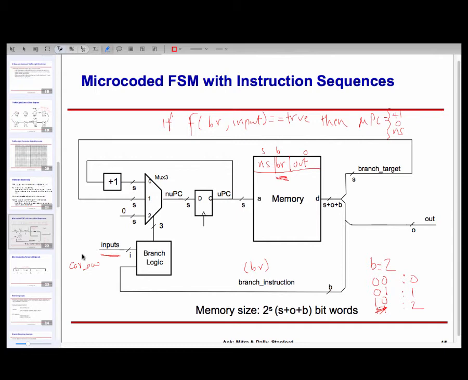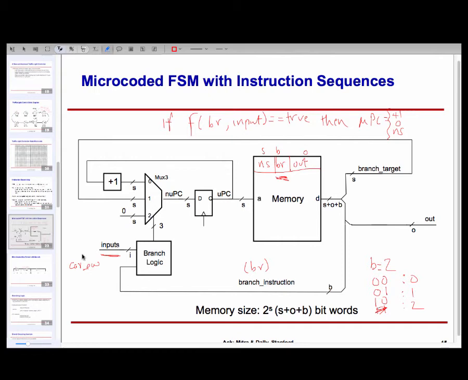Okay, so that means we use a NOT gate on the input. So the branch target is supposed to be your current state. So branch target would be current state. And then because you want the input to be low to stay in your current state, I want to select the middle input. So I need to make this logic so that if car east west is low, and branch instruction has the right value, then the middle input is selected.